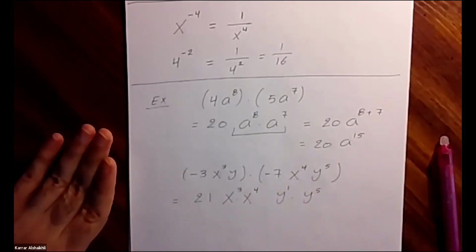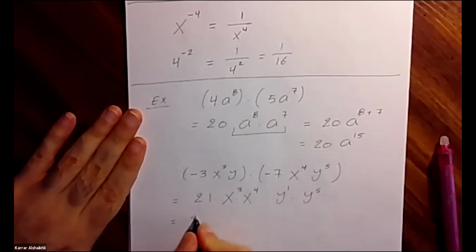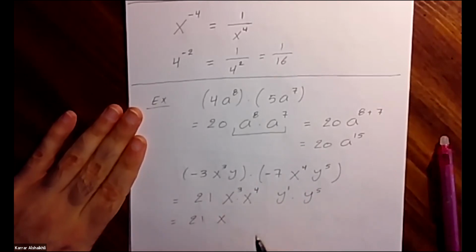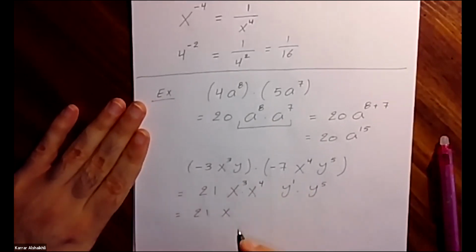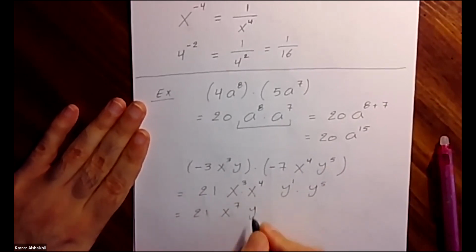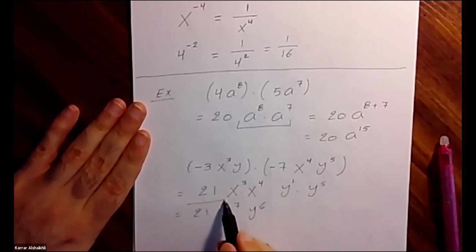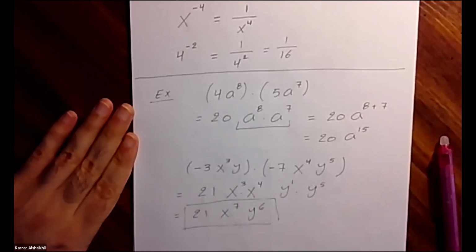I'm going to write down 1. So now it's going to be 21, x to the power 3 plus 4 is 7, y to the power 1 plus 5 is 6. This is going to be the solution. That's it for this example.